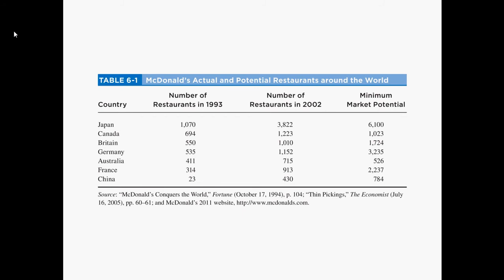This table is basically meant to drive home the idea that demand can be subject to big swings, and those swings are important, or there can be a lot of unexploited demand. In this case, in the course of a decade, McDonald's nearly quadrupled the number of restaurants in Japan, nearly doubled the number in Canada, and in Britain more than doubled the number in Germany.